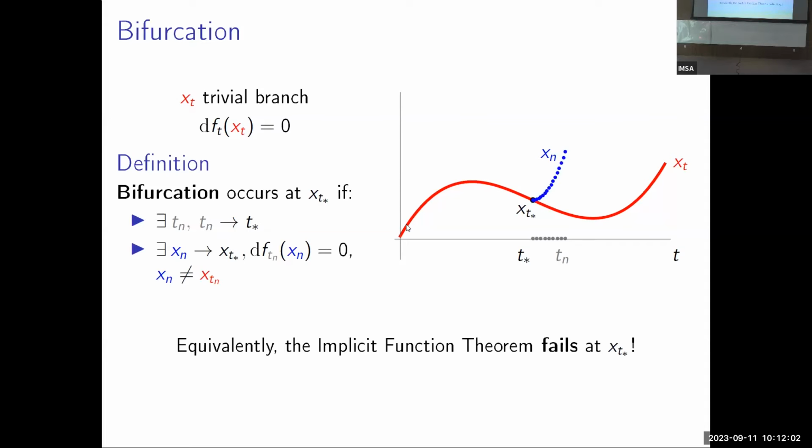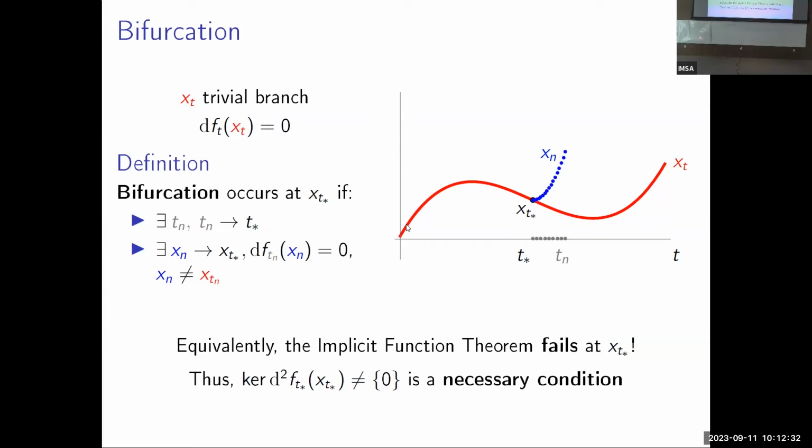So this means basically that the implicit function theorem for the equation dF_t(x) equals 0 fails at the point x(t*). This is what a bifurcation point is in mathematical terms. If the implicit function theorem fails, that means that the assumptions of the implicit function theorem cannot be valid.